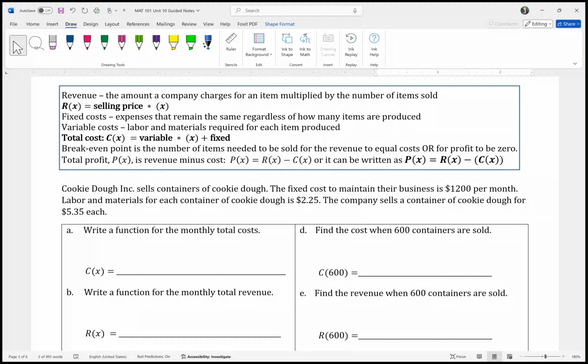So, the revenue is the amount a company charges for an item multiplied by the number of items sold. So, let's say you go and buy a pack of gum and the pack is $3 and they sell 10 packs. That's $30. You took the price and multiplied it by the number of items sold.